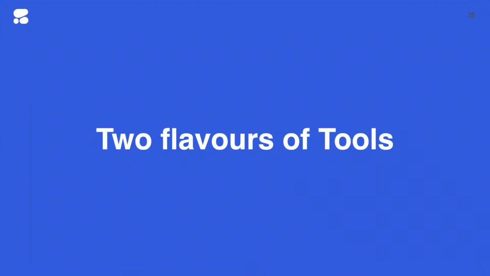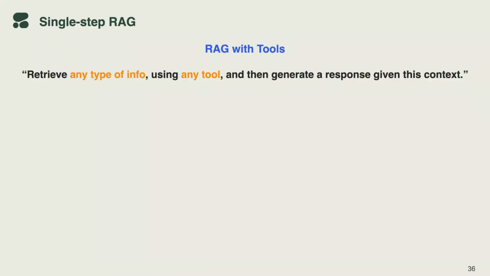Tool use comes in two flavors. There is single step. It's really useful for situations where you have a single action to be performed or a set of independent actions. It could be searching for a document or sending out an email.